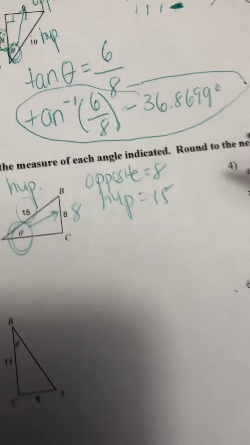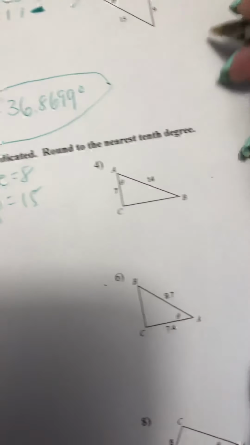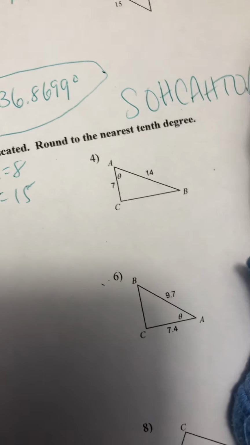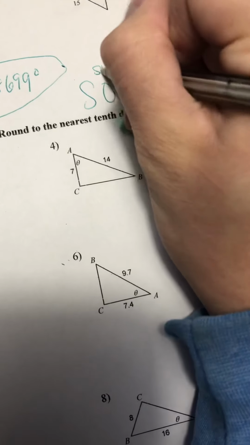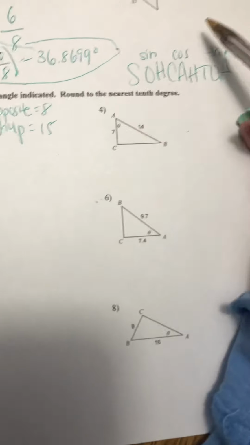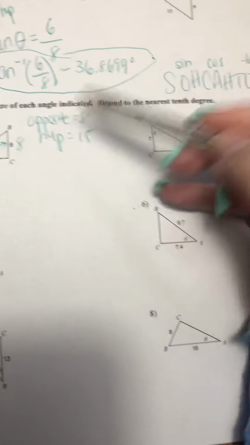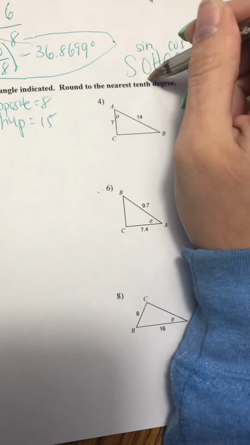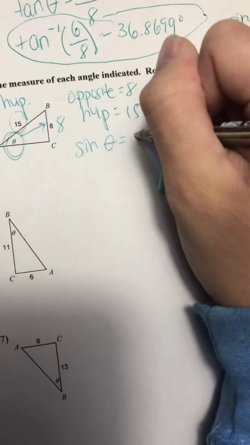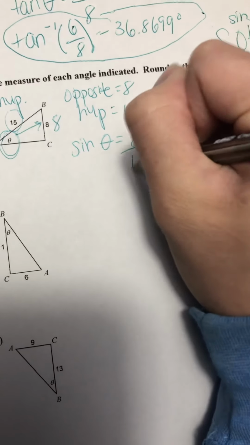If I'm given those two things, you can write SOHCAHTOA up here. This is sine, this is cosine, this is tan. Which trig function gives me opposite and hypotenuse? Well, it's sine, because I have the O and the H, so I'm going to use sine of theta equals opposite over hypotenuse.